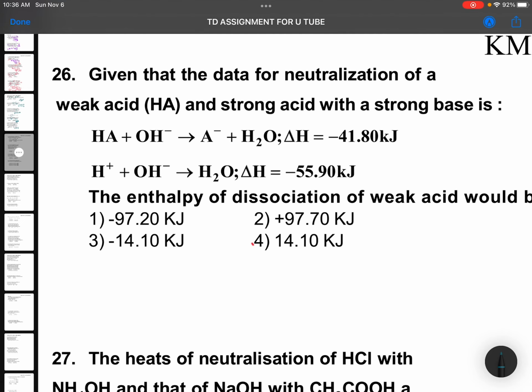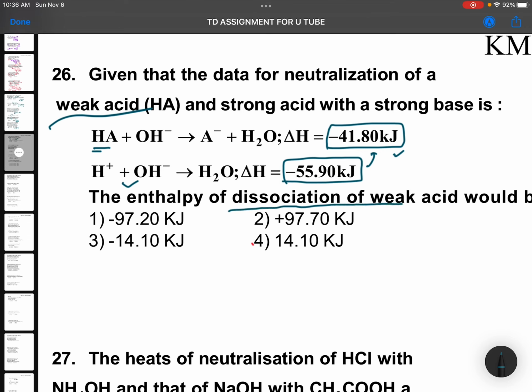Given that the data for neutralization of a weak acid and strong acid with a strong base is as follows: for this weak acid, how much are you getting here? Minus 41.8. When strong acids are there, how much are you getting here? 55.9. So whatever the difference is, whatever the decrease, whatever the lesser amount released here, that is nothing but enthalpy of dissociation of weak acid.